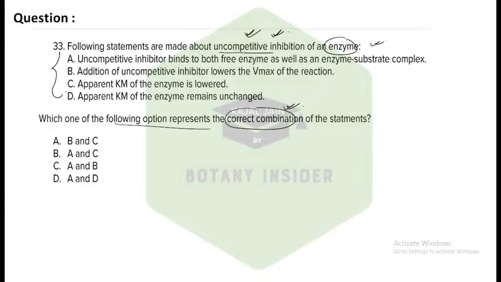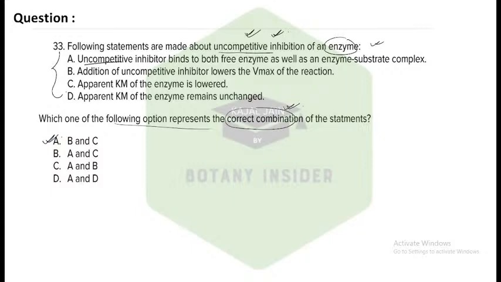So the majority of you have marked the answer as option number A, and yes, the answer is option number A itself. So this one is a June 2021 question, and you can see a direct question has been asked in relation to uncompetitive inhibition. You need to remember all the major features or factors of the same.